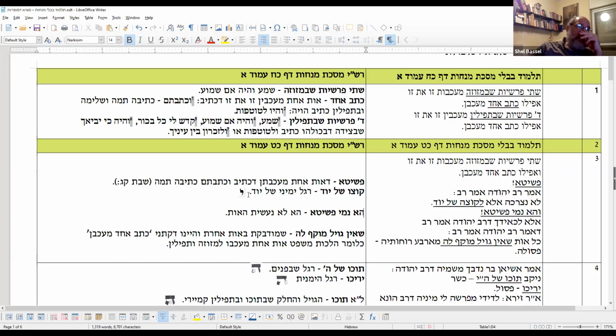Nobody would think that that's a yud. We'll see about that in Tosafot, but for right now, we'll say if you take away the right leg, it's not a yud.